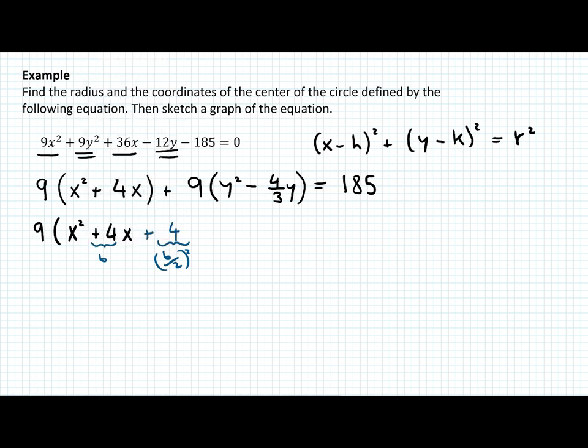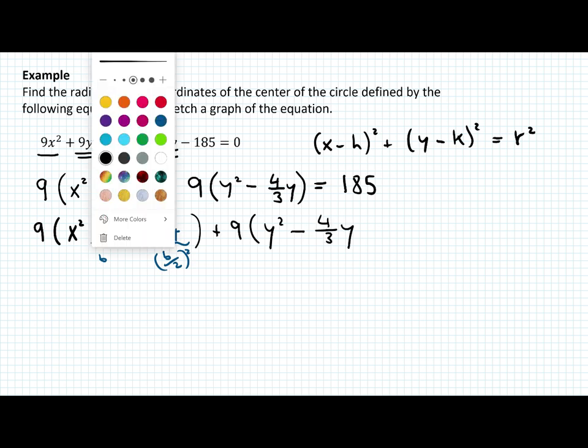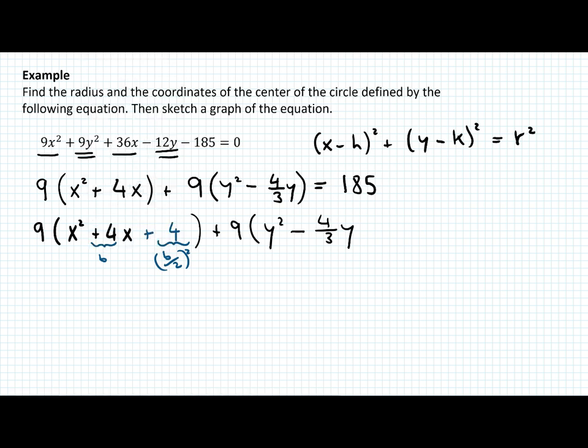Okay, so now we can continue here. So we have plus 9 times (y squared minus 4/3 y), and again I'm going to change color. Now what are we adding here? Again, this represents the b, and here we're writing b over 2 and then squaring it. So let's do the math on the side really quick.